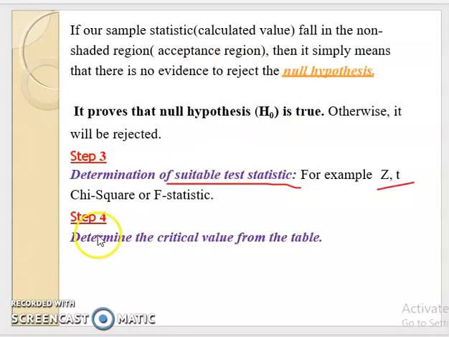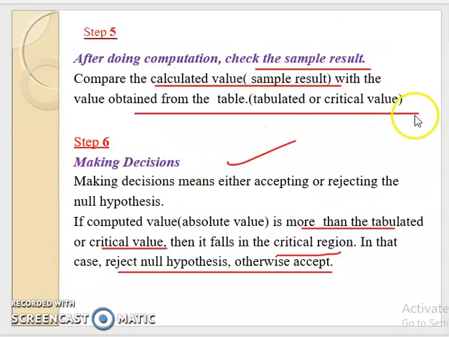Then you will be doing the test statistic. You will be choosing a test depending upon the type of the variable, and you will be getting the answer, and that value will be compared with the table value in a logarithm table.